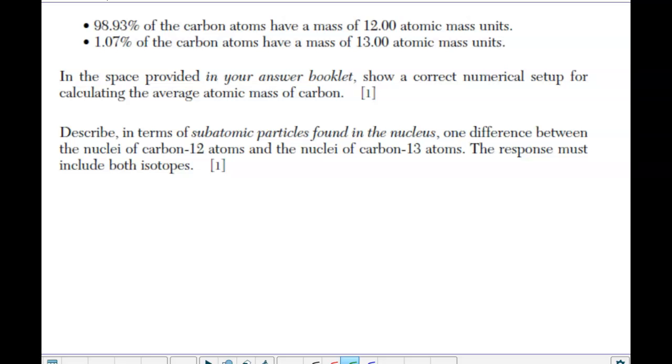98.93% of the carbon atoms have a mass of 12.00 atomic mass units. 1.07% of the carbon atoms have a mass of 13.00 atomic mass units. In the space provided in your answer book, show the correct numerical setup for calculating the average mass of carbon. So go ahead, pause the video, and solve for that.